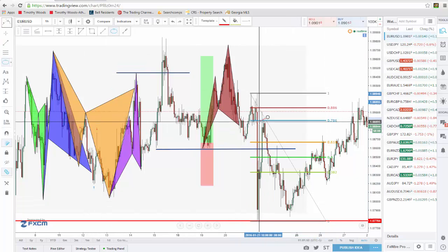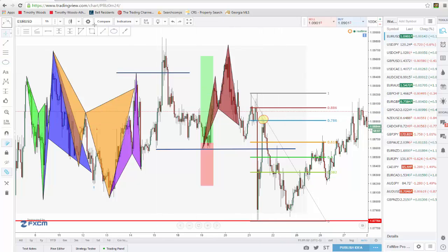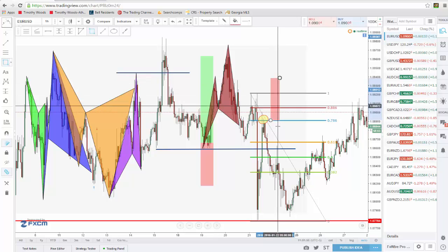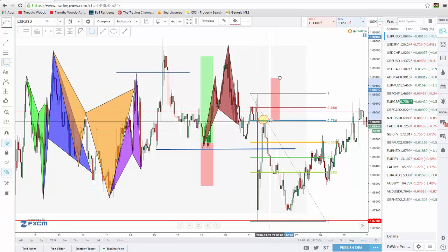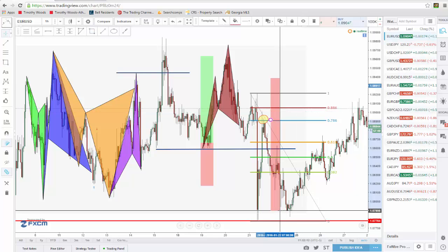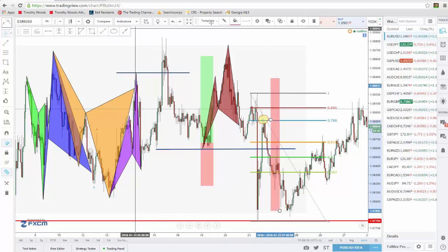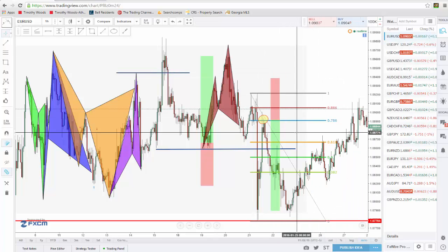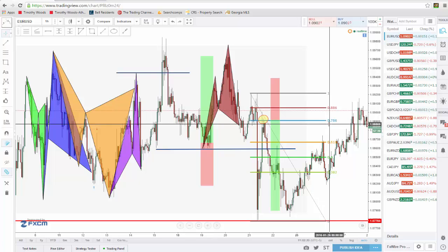As you can see, got it right there. Now we take stops above previous structure right here and targets down at previous support. Color that green for targets. As you can see, again, a better than 2-to-1 risk reward.